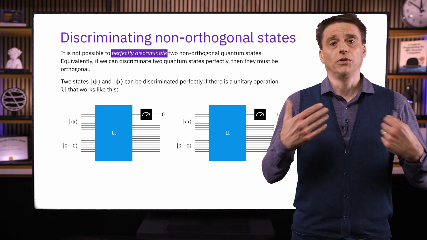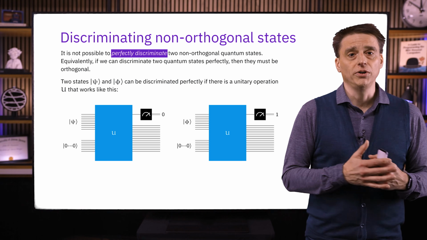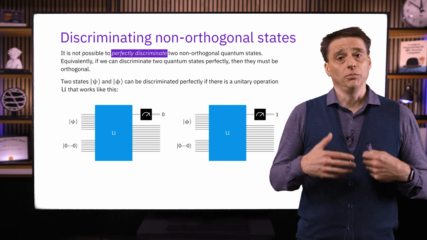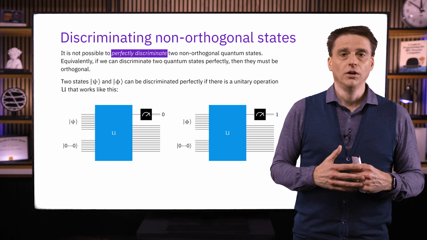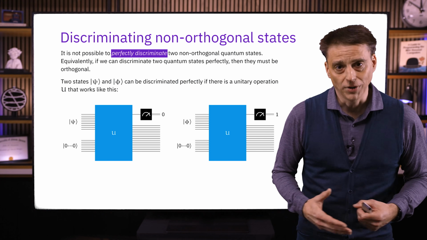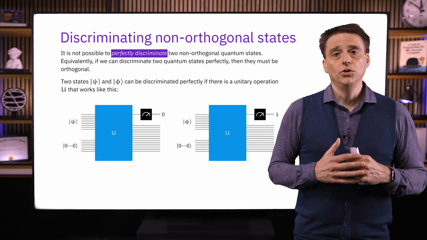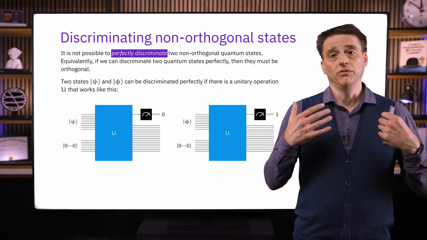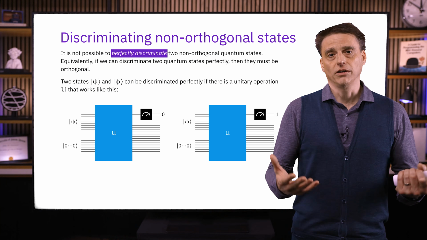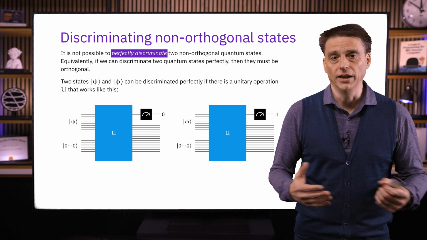In terms of the quantum circuit model, we can express this as you see here on the screen. We have some unitary operation U, which could be implemented as a quantum circuit, or we could just think about U abstractly as a unitary operation. And for its input, U takes either the state psi or the state phi, along with a bunch of initialized qubits, which you can think of as workspace qubits that somehow assist in this process of discrimination.